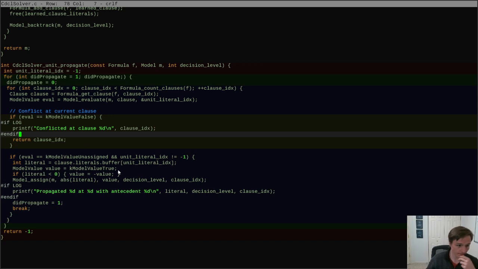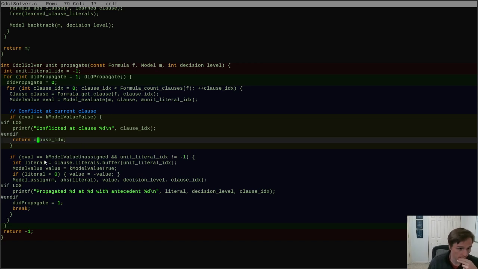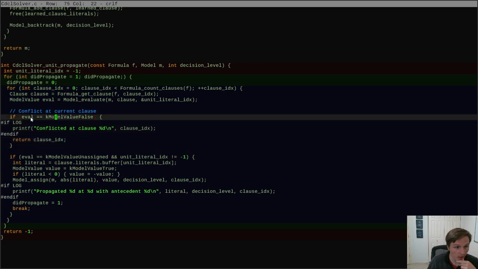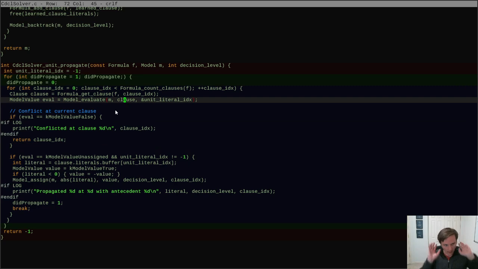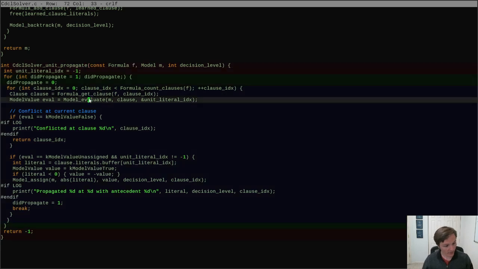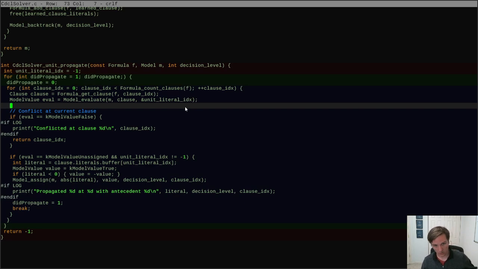Okay. So here is where the other return occurs. And it's just returning. Okay, so if something evals, now it's starting to make sense. We're looking at each clause of the formula. If one of them evaluates to hard false, remember what that means: the whole clause is false.